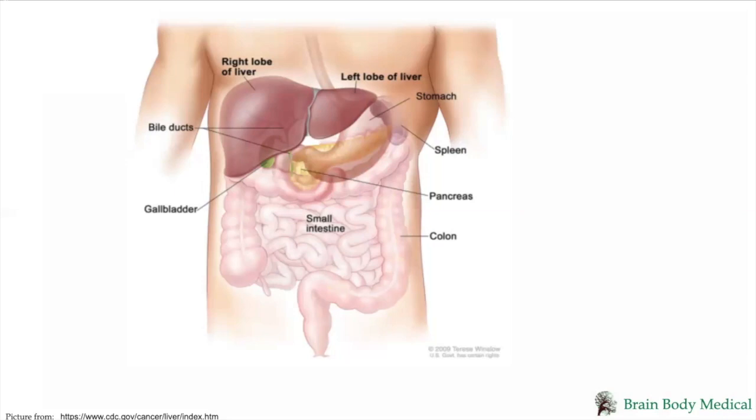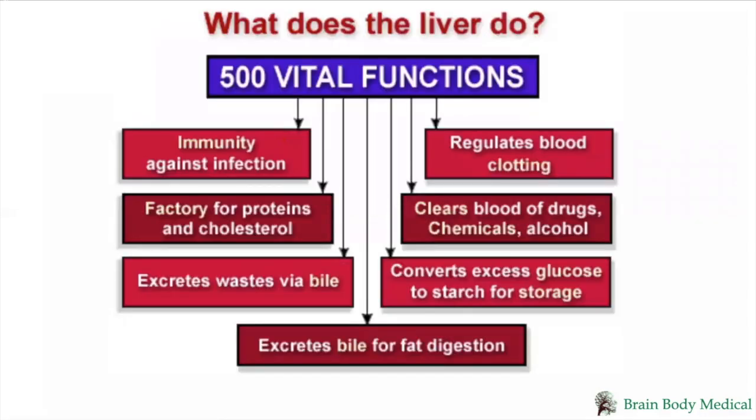When we drink alcohol, some of it is cleared in the stomach, but most of it passes into the intestines and it goes directly to the liver. Again, the liver does a lot of very important functions. The liver processes the nutrients that are absorbed from the intestine.